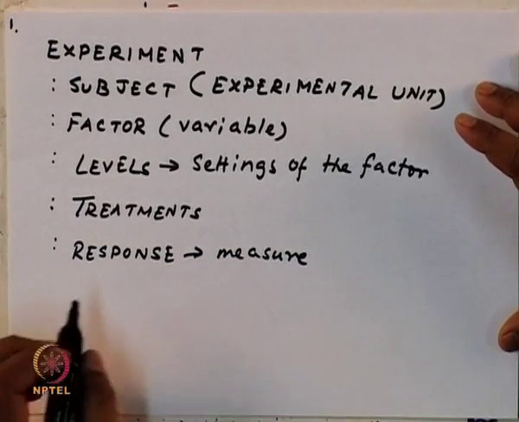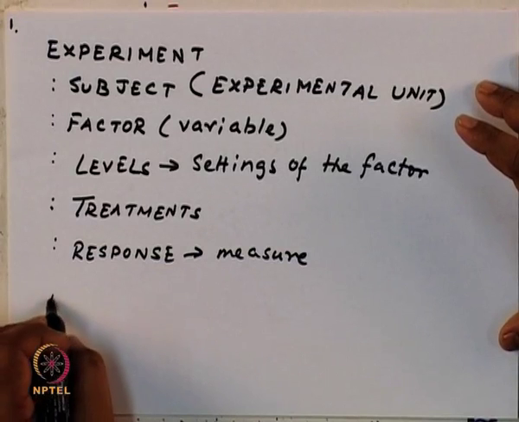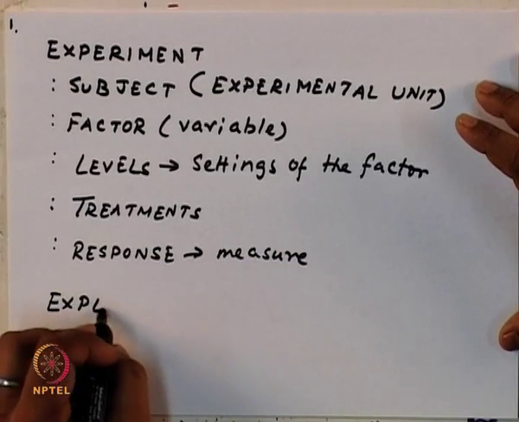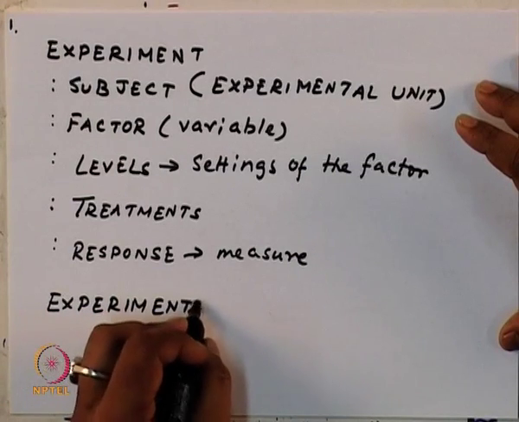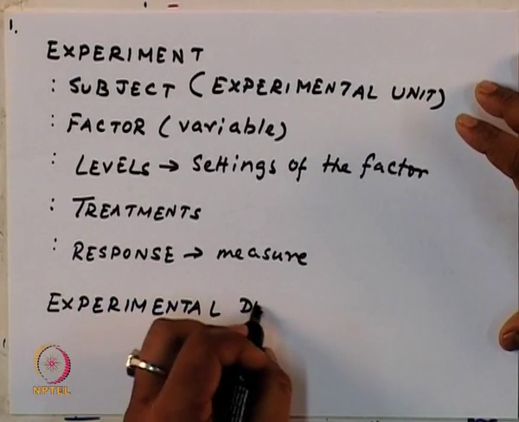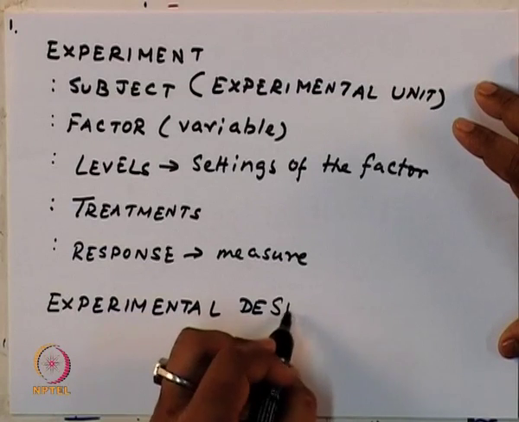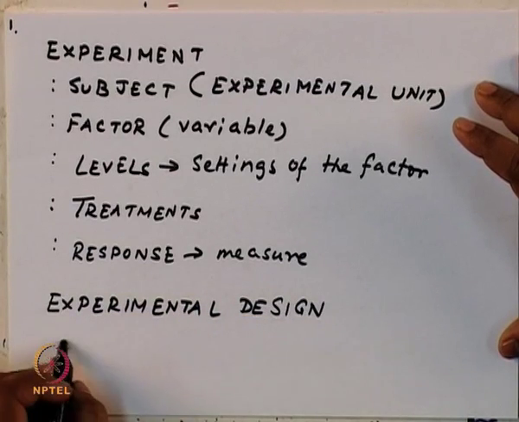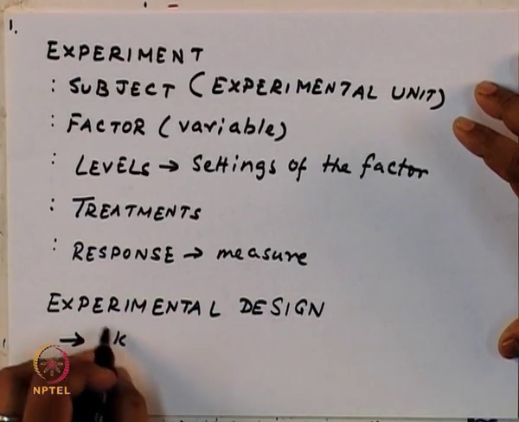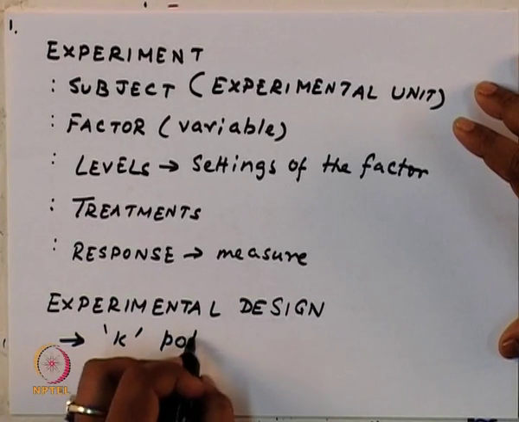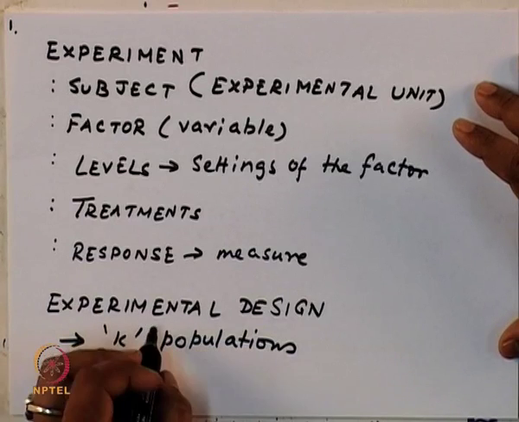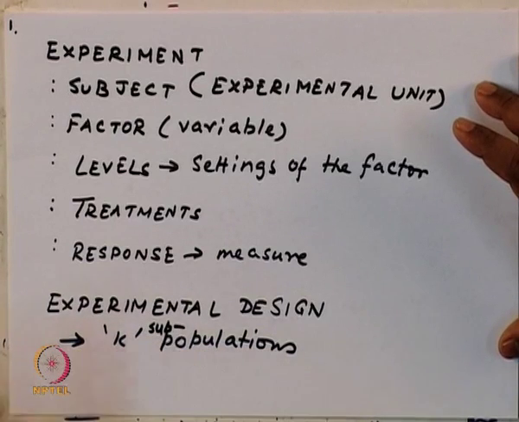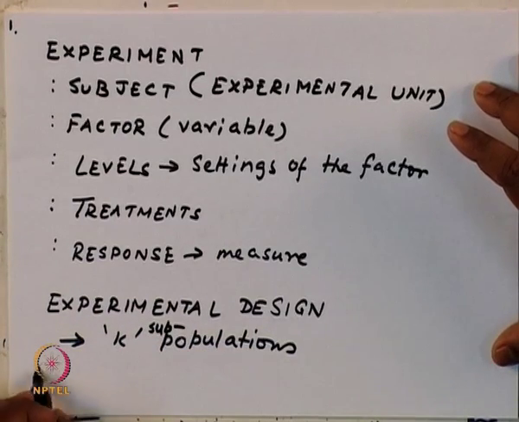So, in experimental design, there are various ways of doing it. Imagine you have k populations or k subpopulations.